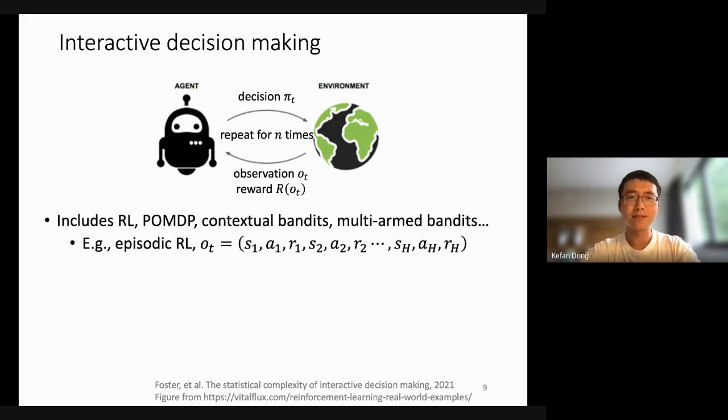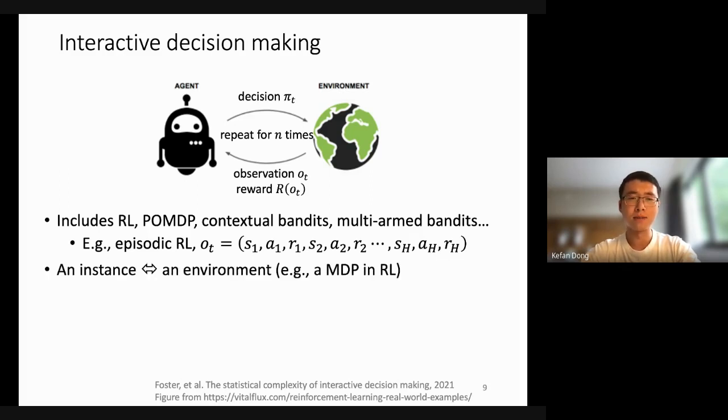Now, this interactive decision-making framework includes reinforcement learning, POMDPs, contextual bandits, and multi-arm bandits, and many other settings. So for example, if we have finite horizon reinforcement learning, our observation is the entire trajectory. So it's a collection of state, action, reward pairs. And in this case, the reward function is just a summation of all the rewards in this trajectory.